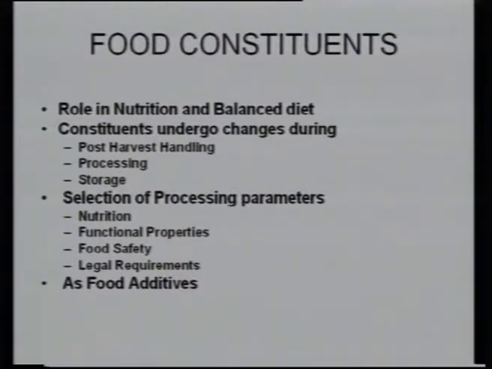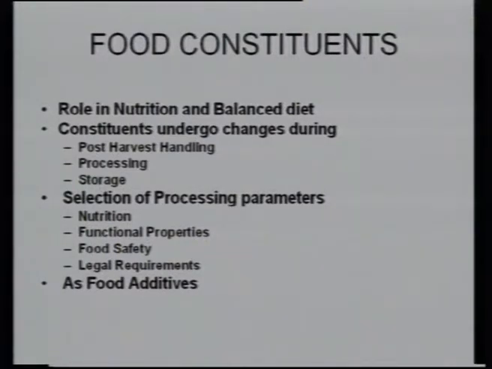Safety is very important. You see, the milk available in the market is pasteurized milk. What pasteurization does is make sure that pathogens are not present in the milk. So food safety is there. Then the legal requirements are also there. If you take any type of food, fruit or any product, there are certain legal requirements that it should contain a minimum of this much fat percentage, this much sugar percentage.